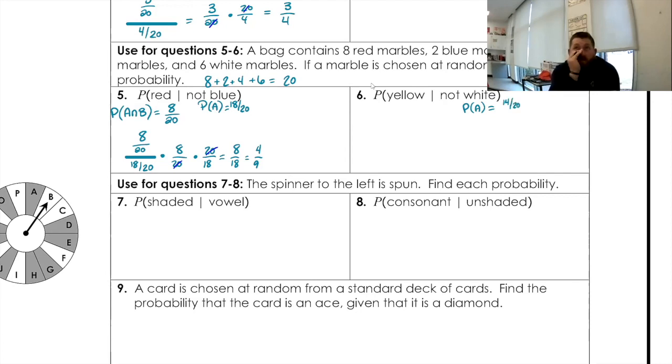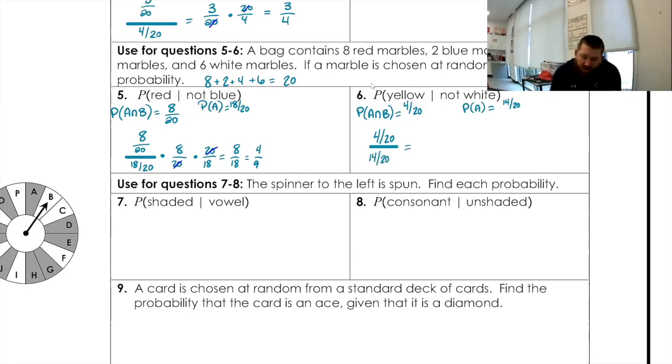So there's the new sample space for our probability. But let's find out. And then of those, how many are not white and are yellow? Well, there were 4 out of 20 that are not white but are yellow. So 4 over 20 divided by 14 over 20.